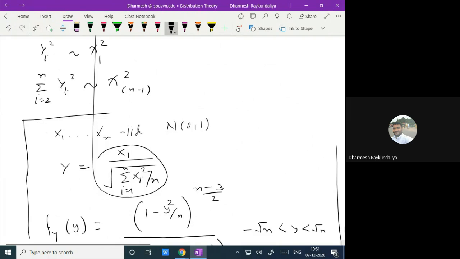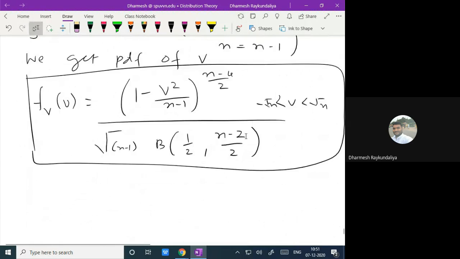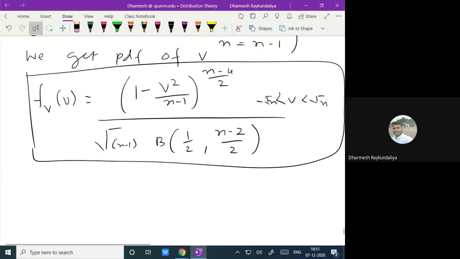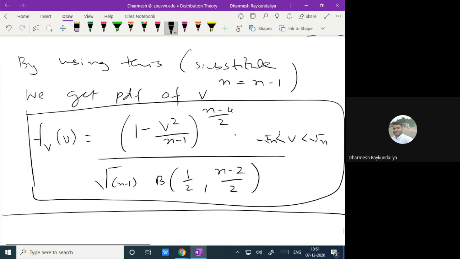Then we obtain the distribution of Y, and then we substitute it, we get the distribution of V. So this is the way we have to obtain it. Any questions, anyone? Of course, here the range is not root n but we have substituted n by n minus 1, so it is root n minus 1.